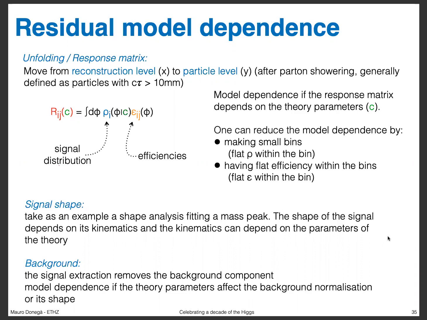But your physics model can affect the kinematics of your signal. So you can change parameters of your model that affect the kinematics. If the parameters change the kinematics, they will also change the width of the resolution of your invariant mass. And so there will be a residual theory dependence on the signal.